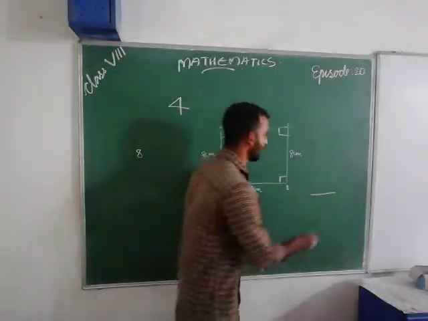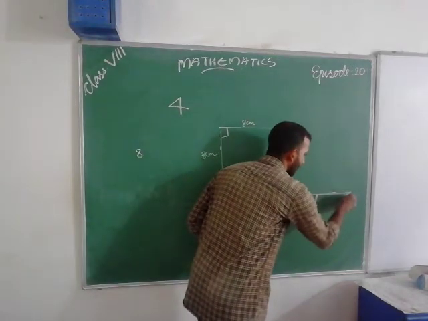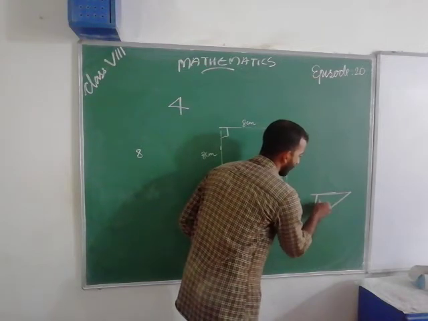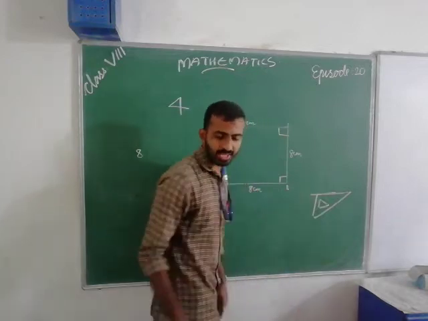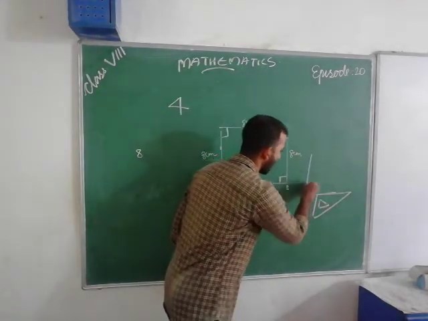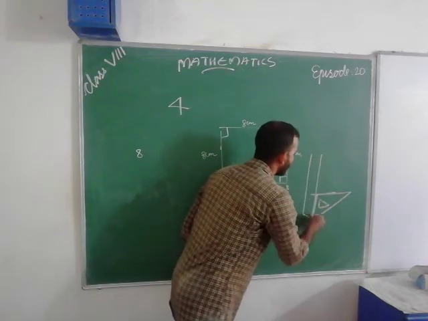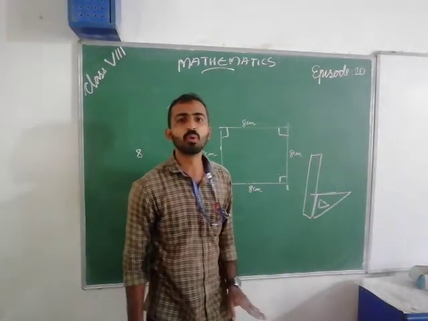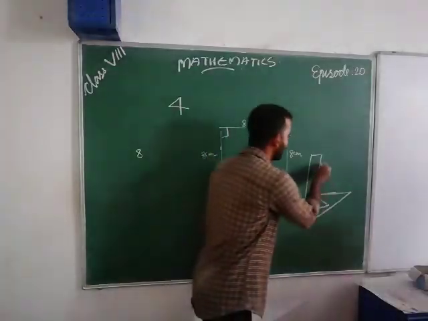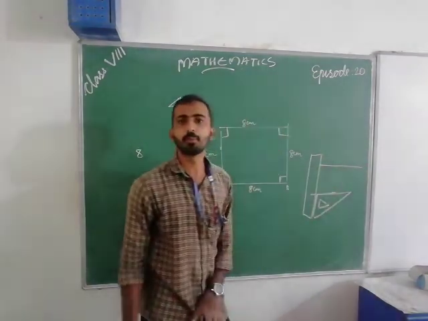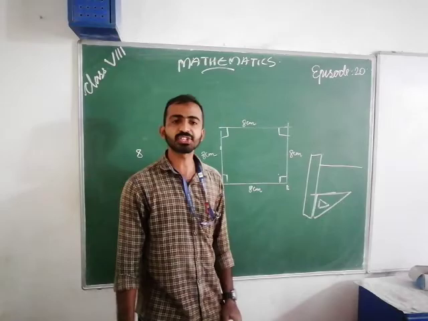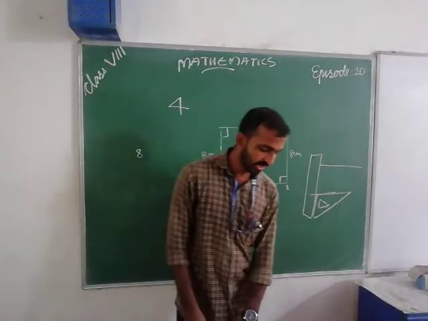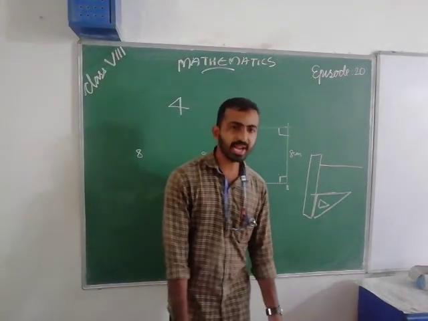Then we use this square, like this, and we hold a scale beside this square, and we slightly move upward. Then we draw a line. Then these lines are parallel. Easy. And next day we study the construction of a quadrilateral when four sides and one diagonal are given.